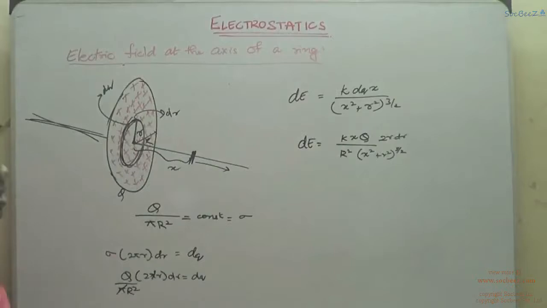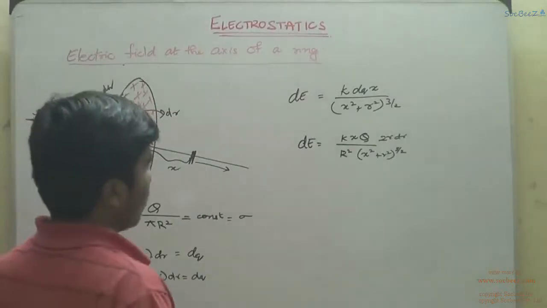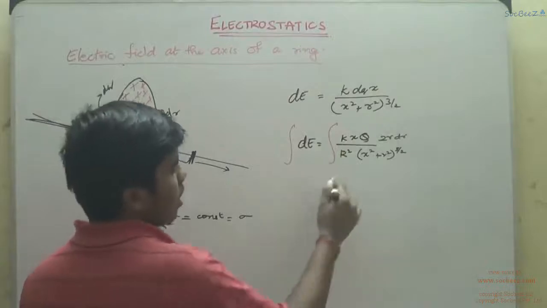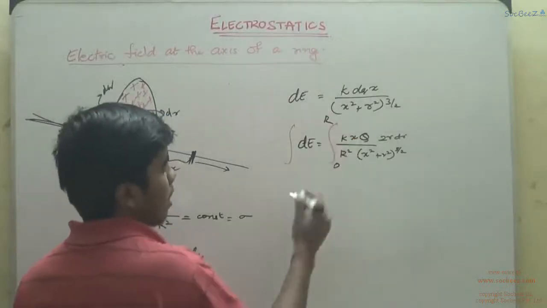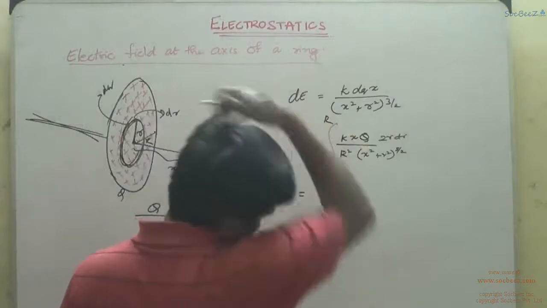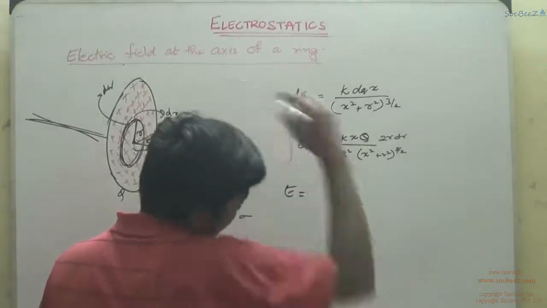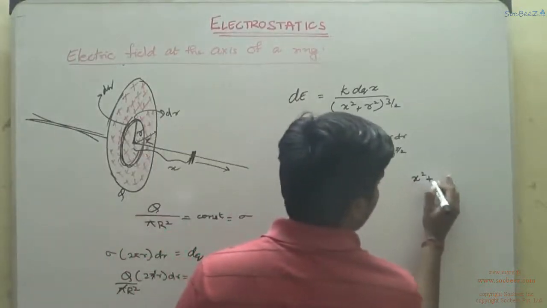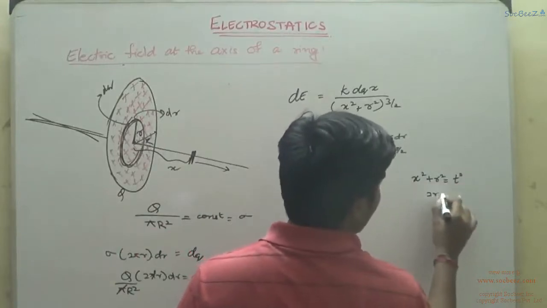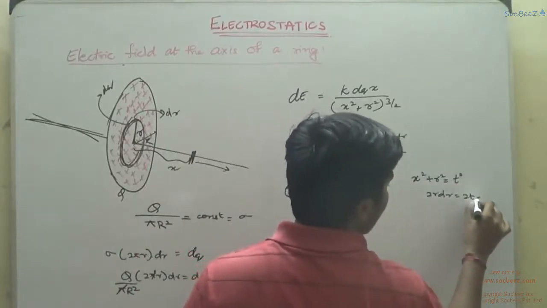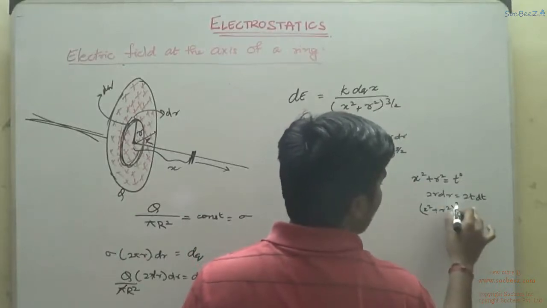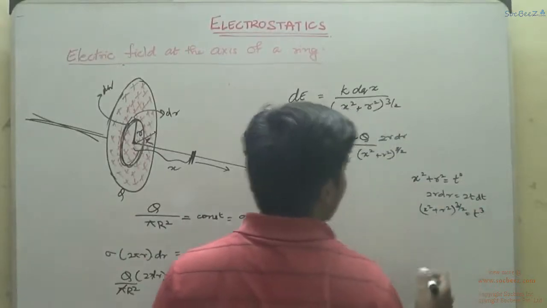Okay. Now to find out, see this electric field is in the direction of the axis. Now to find out the net electric field, what we do is we integrate this part and this part, and here the limits of integration are 0 to capital R. So left hand side we get E, and right hand side, see I do the substitution, x square plus r square is equal to t square, which would mean 2r dr is equal to 2t dt, and x square plus r square power 3 by 2 is equal to t cube.